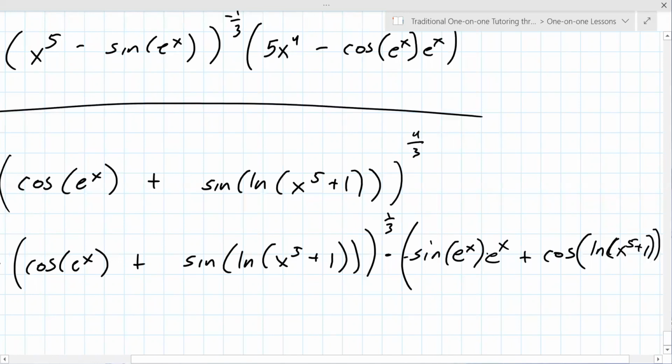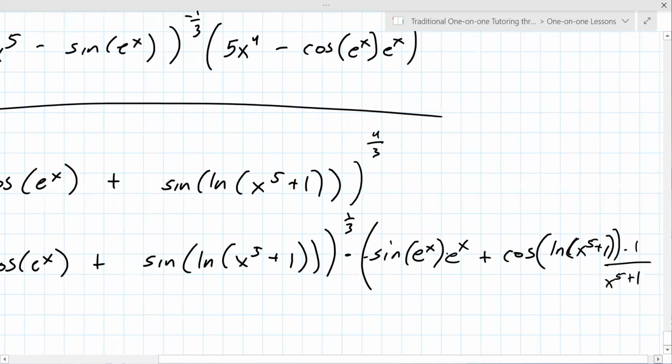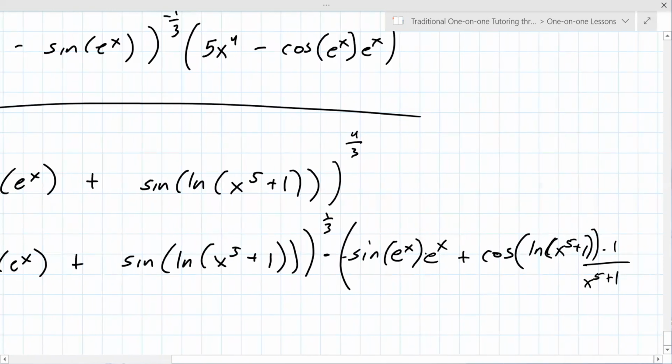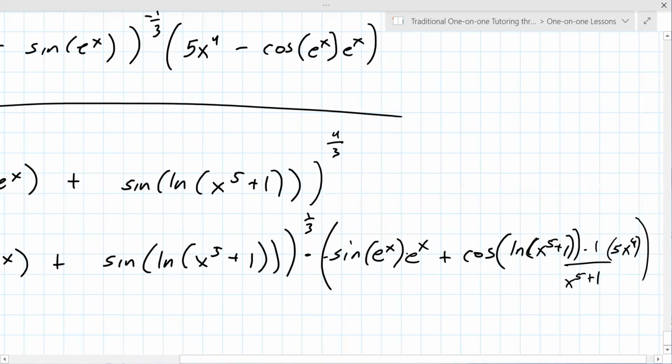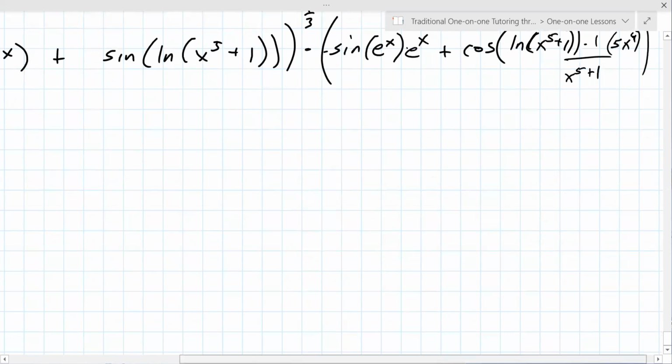You have to keep it. Then 1 over x to the fifth plus 1, times 5x to the fourth. Good. Plus then... that's plus, no, that's it. Yeah, that's it.